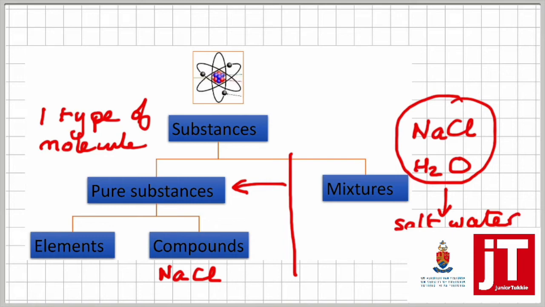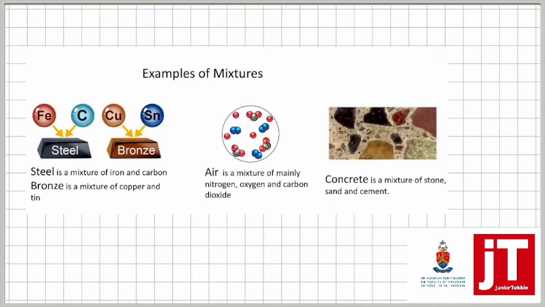So we're going to spend some time looking at what mixtures are now. Mixtures, by the name of the word, indicate that we've got more than one substance mixed together, but they are not chemically bonded.